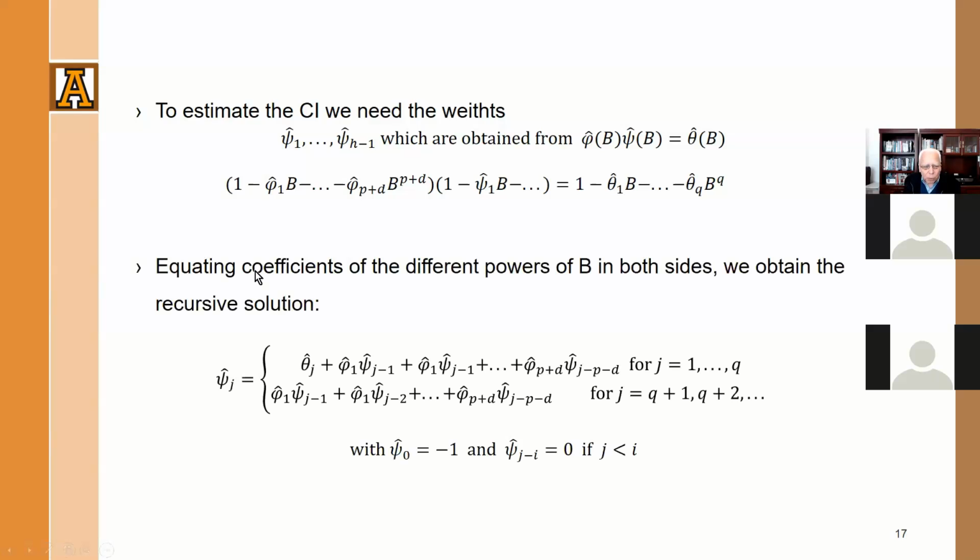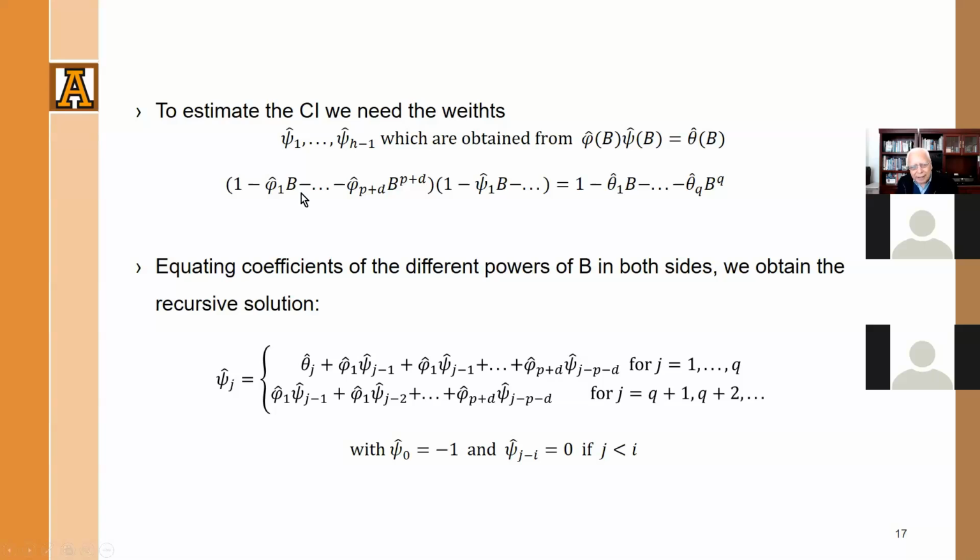What we do is we factor in terms of B: all terms that multiply B, all terms that multiply B squared, all terms that multiply B cubed, and so on.